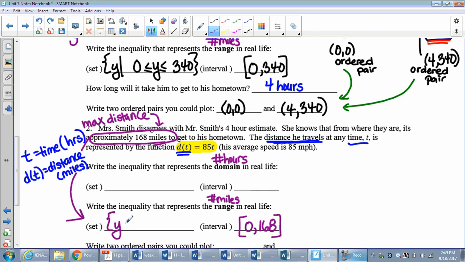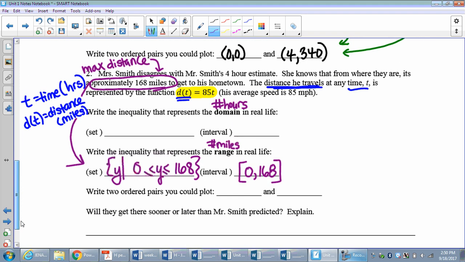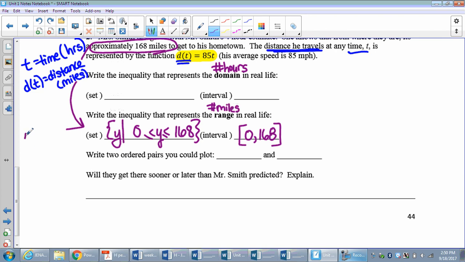We're given this automatically. 0 goes here, 168 goes over here, and both get lines underneath. So just like you wrote a note up here, no work came from the reading, this time the range had no work come from reading.